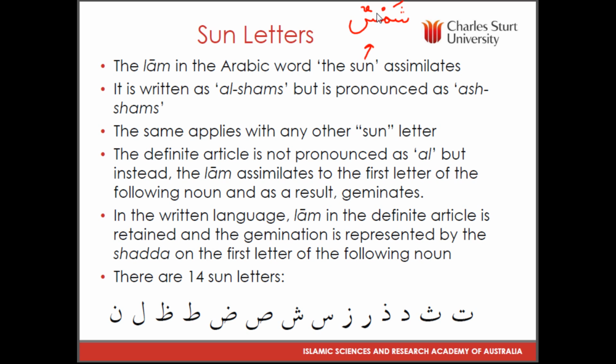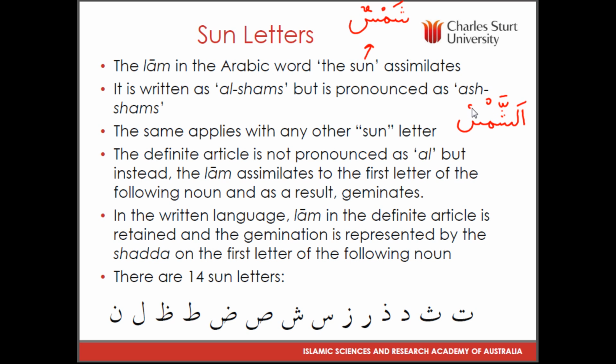When we prefix al to make this one definite, how should we articulate it? Esh-shamsu. Esh-shamsu. We shouldn't pronounce the lam. Okay? That's why we are pointing out these rules.